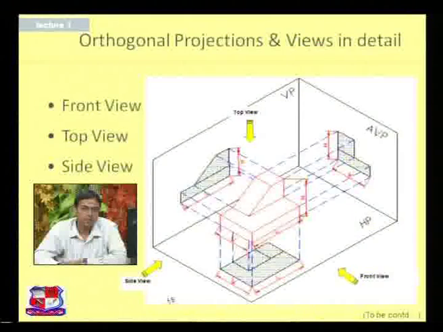Same, this arrow is the arrow of the side view, the viewing direction of the side. So it is the side view which we are watching from the left hand side to the right hand side. If the arrow or the viewing direction is kept over here in this direction, it is also said to be a side view, but an observer will observe an image from the right hand side to the left hand side, right?